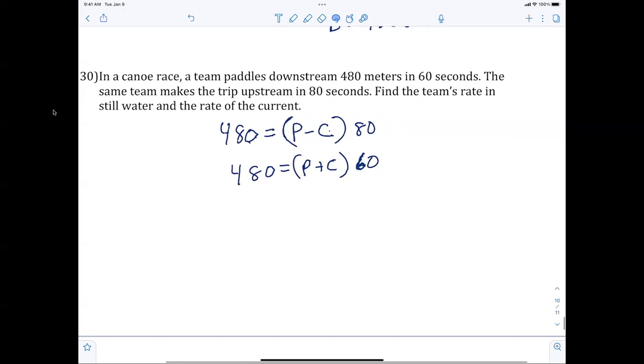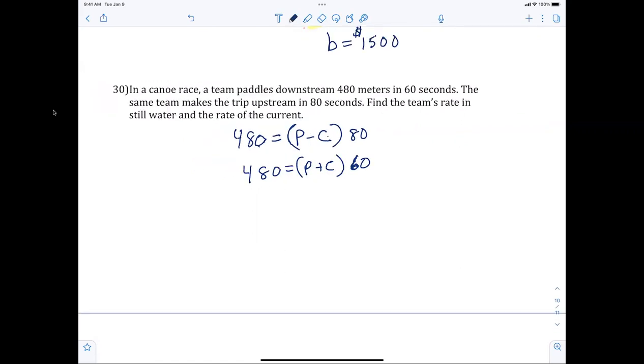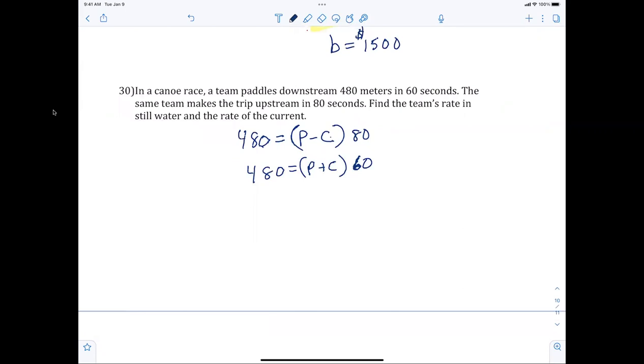Divide. So 480 divided by 80 is what? Wait, we're getting 45. That's 60. What are you saying 40 for? You said 40. 480.